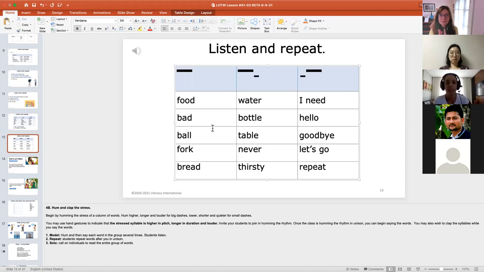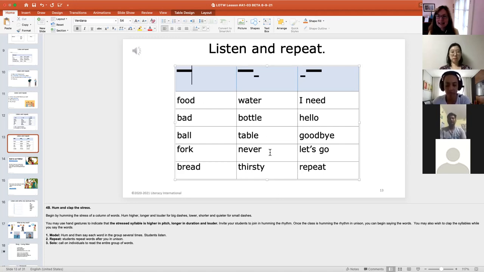Food, food, bad, bad, ball, ball, fork, fork, bread, bread. And it's challenging on Zoom because we get that delay, but sometimes that's fun with an in-person class. All right, so 1-syllable words are usually pretty easy. Again, it's when they have 2 vowels in them and it's a 1-syllable word that it's important for students to realize it's just 1 syllable. It's not fo-ode, it's just food, 1 syllable.